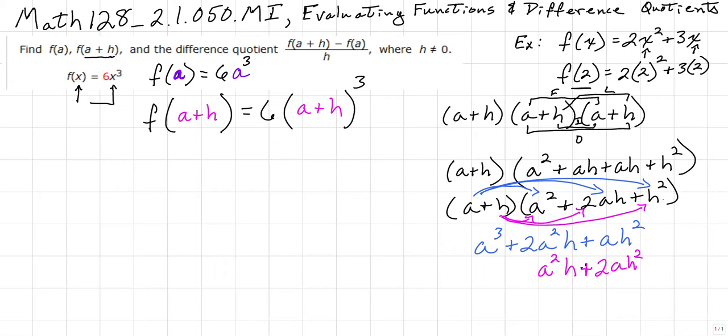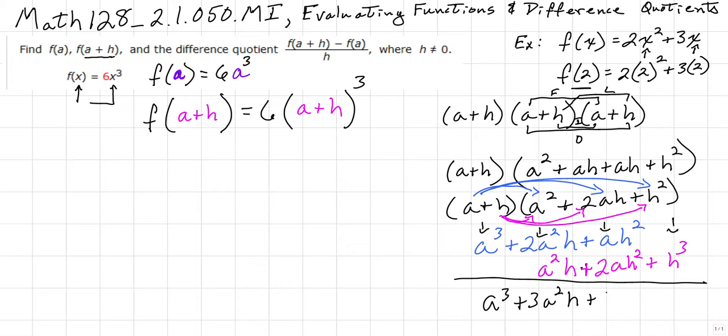And then h times h squared is h cubed. Then what I'm going to do is go ahead and add by columns. I'm going to add my like terms together, and I end up with a cubed plus 3a squared h plus 3ah squared plus h cubed. Now, what I've just done is the long way.